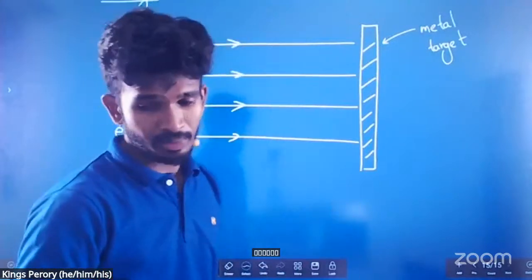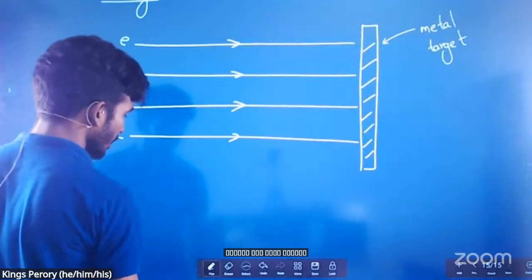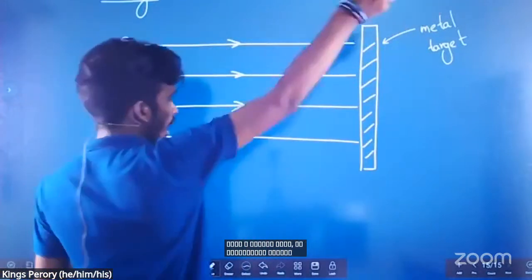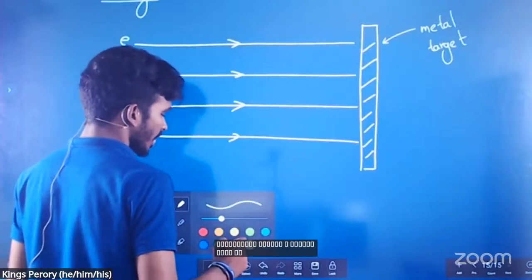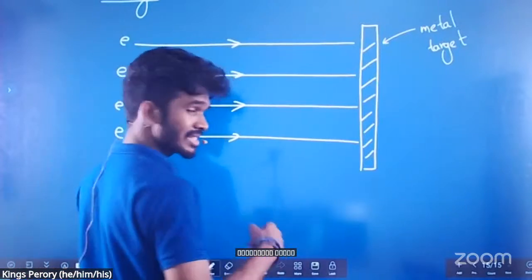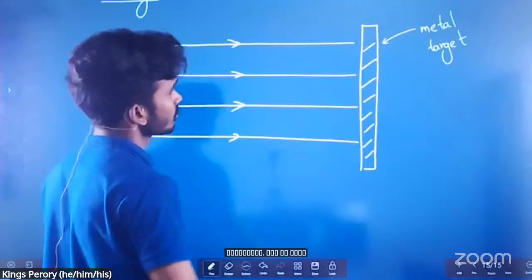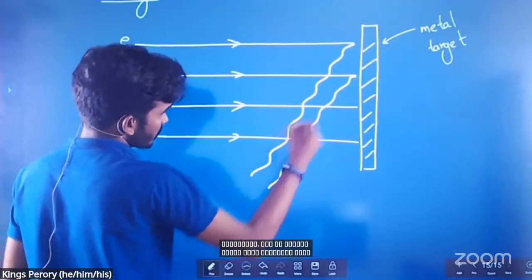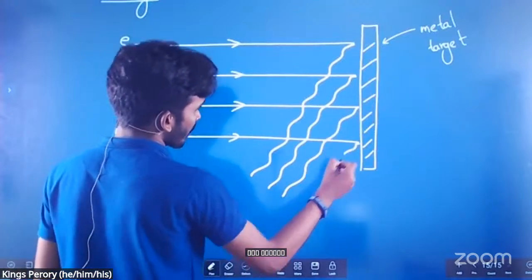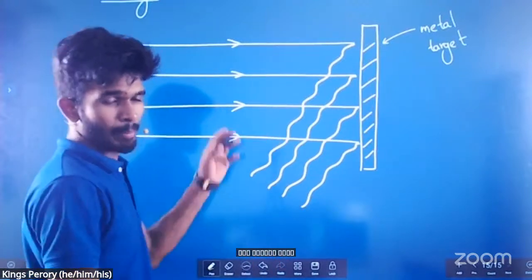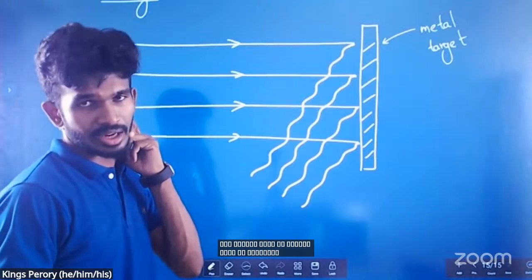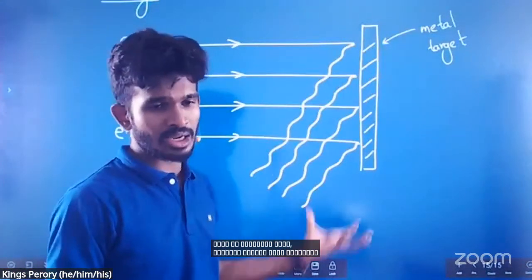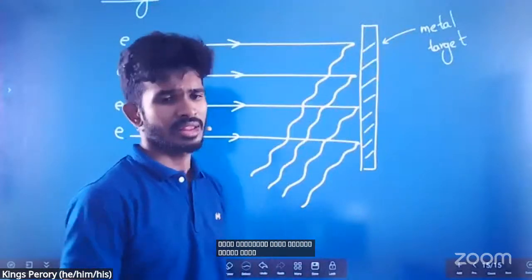During that time, a part of the kinetic energy got converted into some other energy and got emitted as some unknown rays. A part of the kinetic energy got transferred into some other energy, and that energy was emitted as a certain wave.